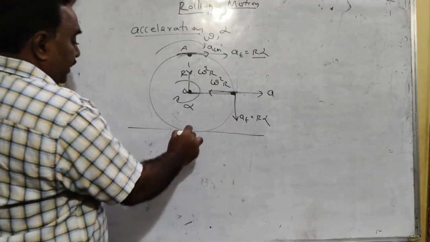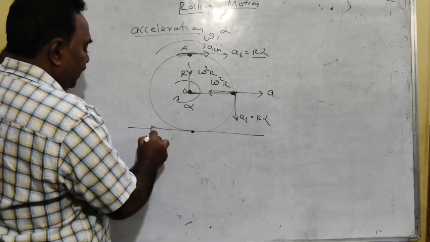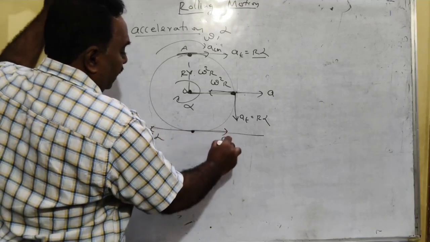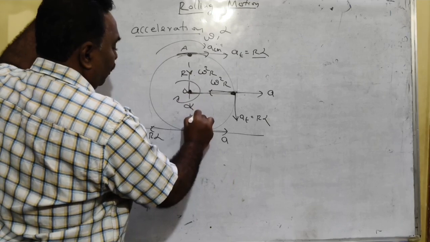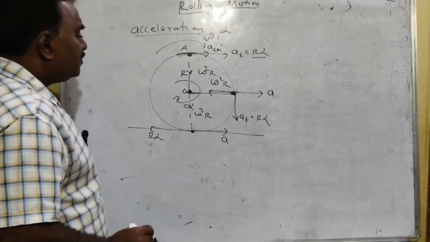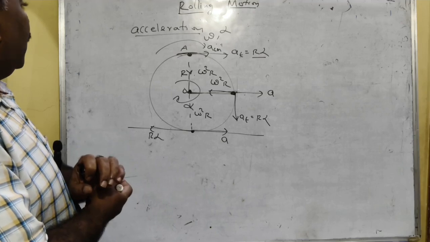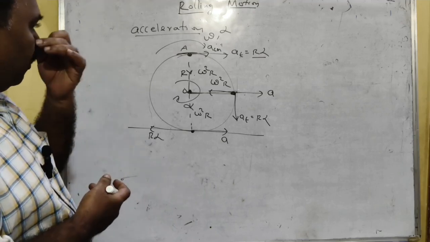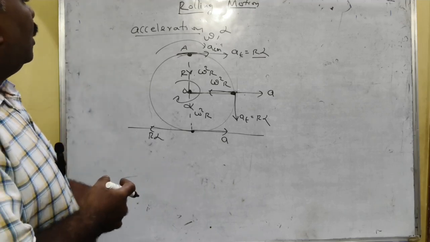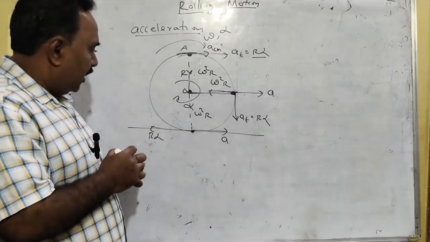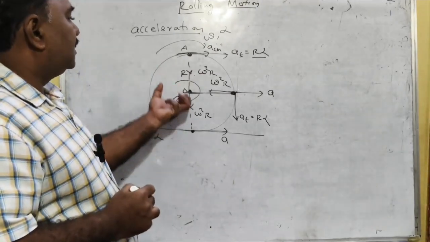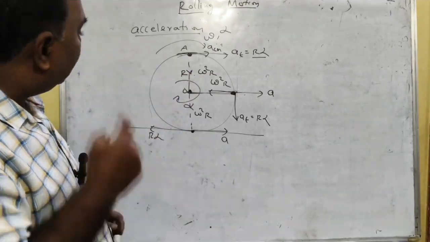So like this every point. Here also tangential means r alpha, here A, here towards the center omega square r. That's why in case of pure rolling motion, because of the centripetal acceleration the body will be rolling forward.